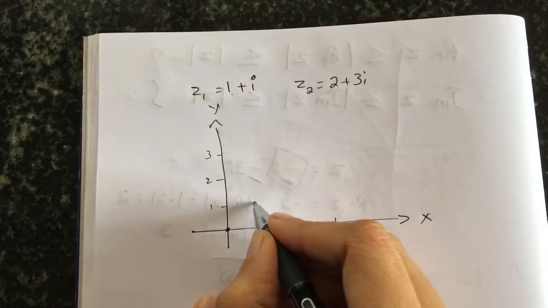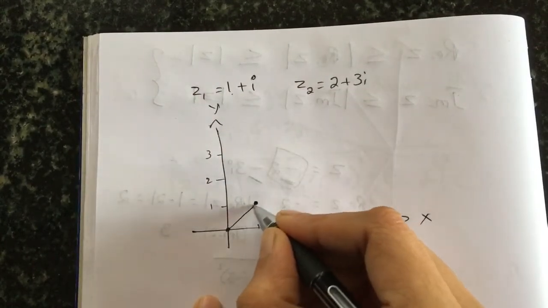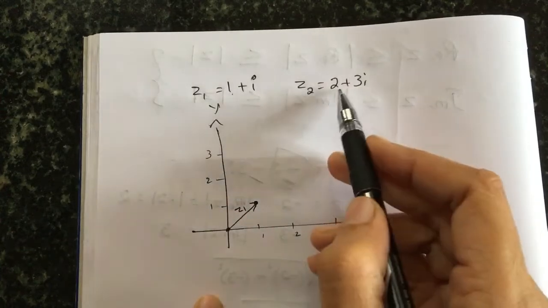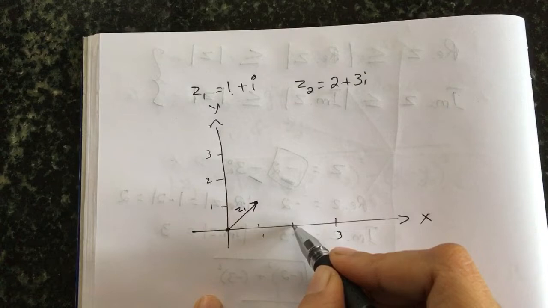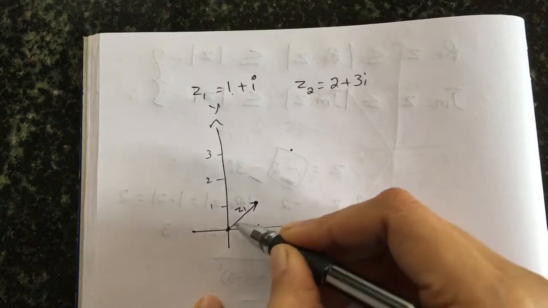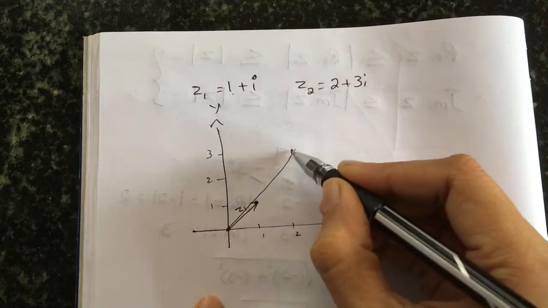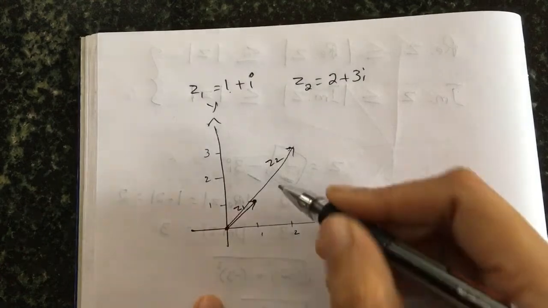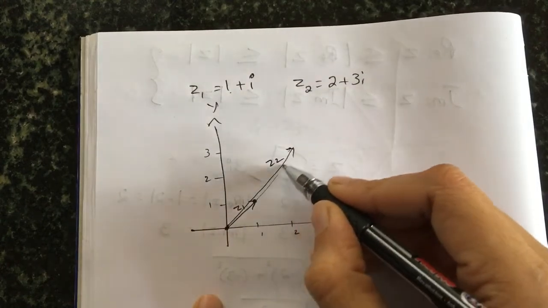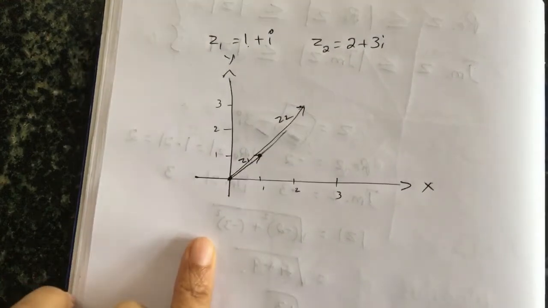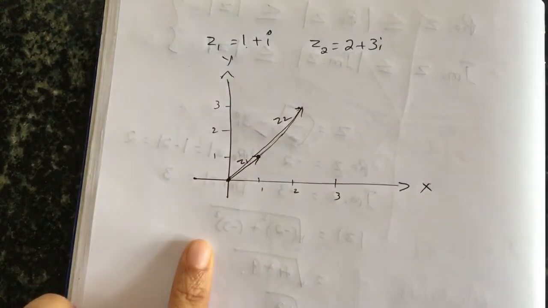This is z1, right? z2 is 2 plus 3i. This is z2, right? So when I take z1 plus z2, this will be this. I'm not that good at drawing. So this will be z1 plus z2.